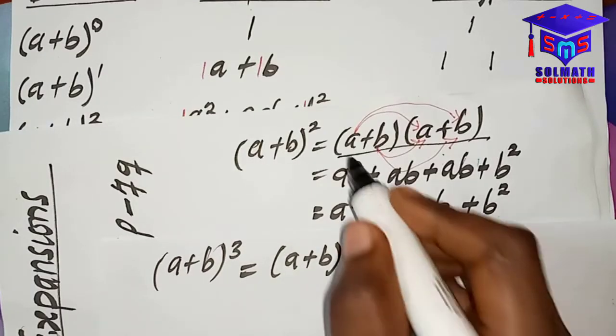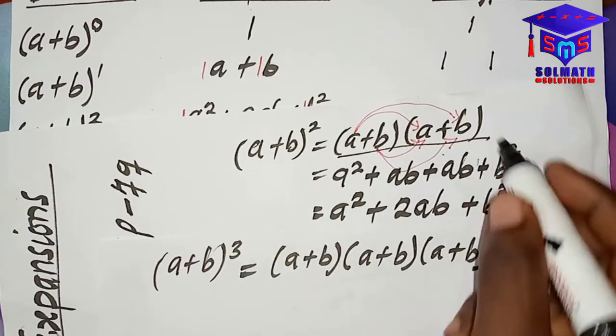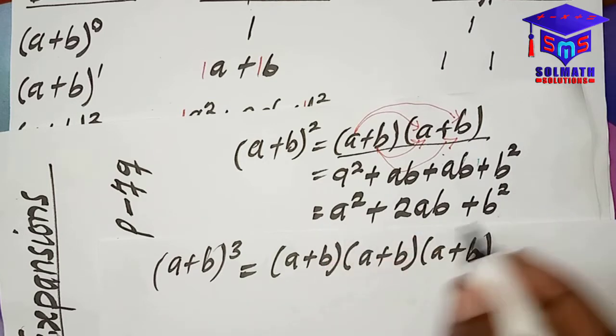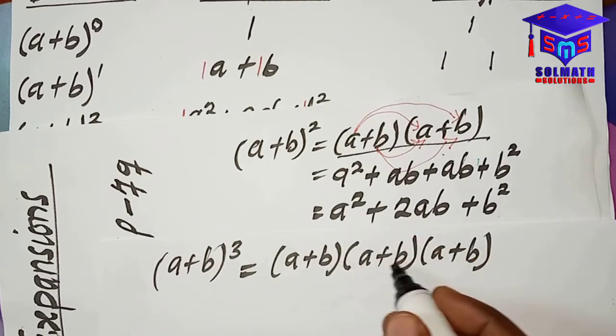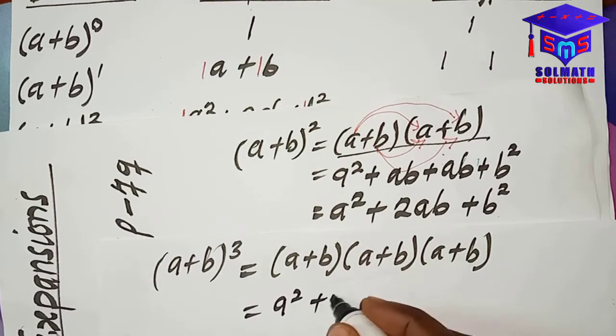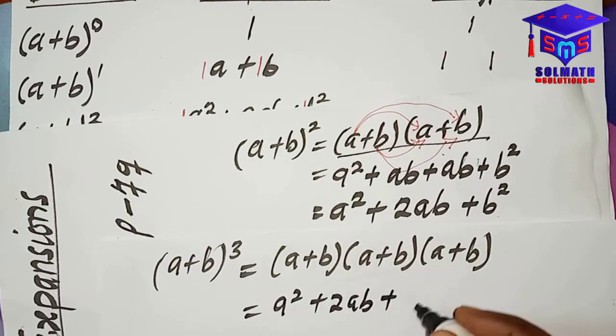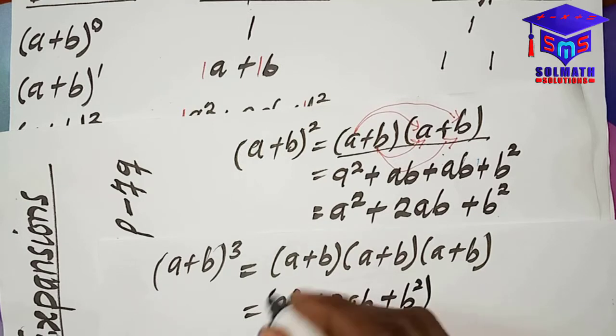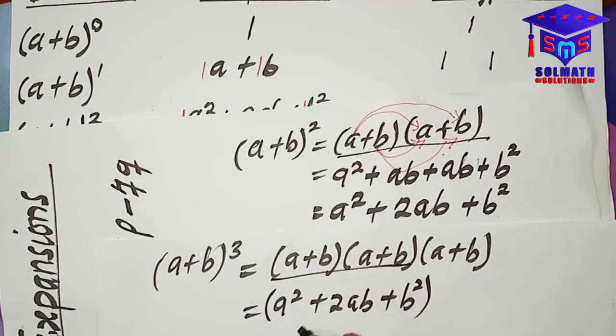Over here we said (a + b) times (a + b) is given as this. So (a + b) times (a + b) is equal to a squared plus 2ab plus b squared. So that has been done already. It's given as this times the third bracket.